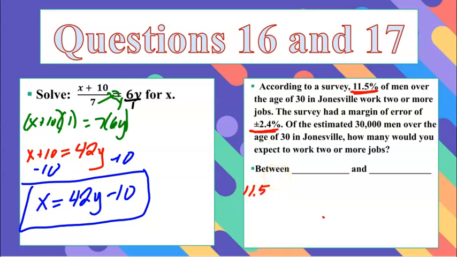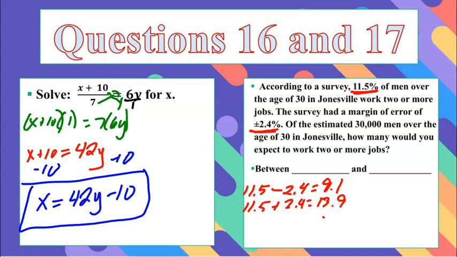We have 11.5%. When it says plus or minus 2.4%, that means I could go 2.4% lower than that, which will give us 9.1. Or I can go 2.4% above that. So 11.5 plus 2.4 is going to give us 13.9.